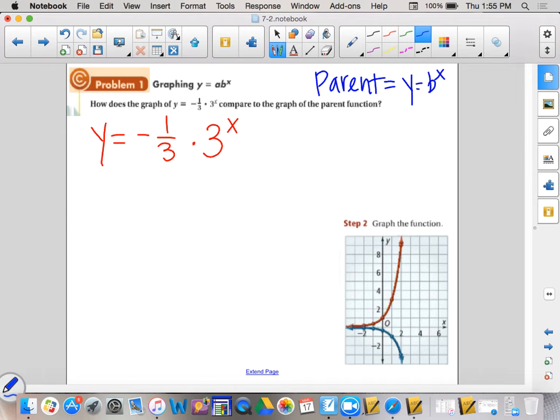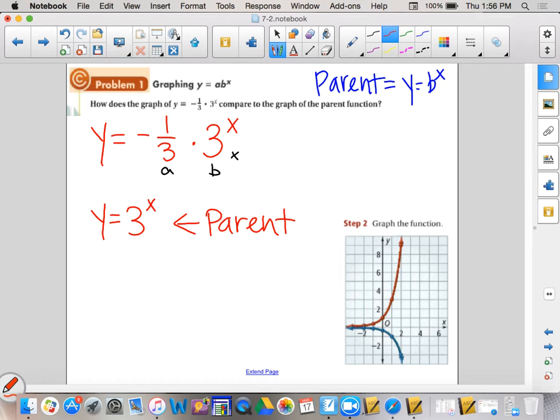If I'm looking at something like this, I know this would be my a, this would be my b, and then I'm raising it to my x power. So what would my parent function be out of this? So y equals 3 raised to the x is my parent function.